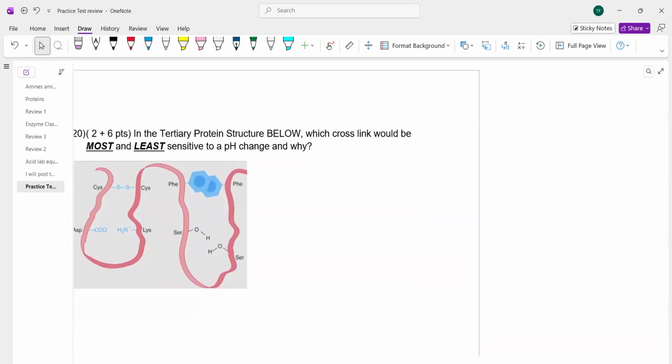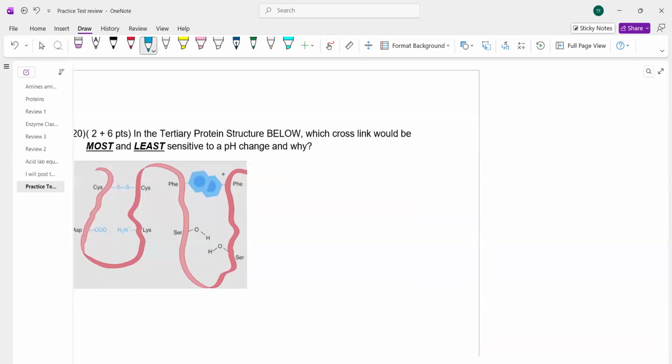Okay, looking at a folded protein here, we've got 4 different kinds of cross-linking. So this is IMFs, which is the weakest. Covalent is going to be the sulfur to sulfur oxidized crosslink.